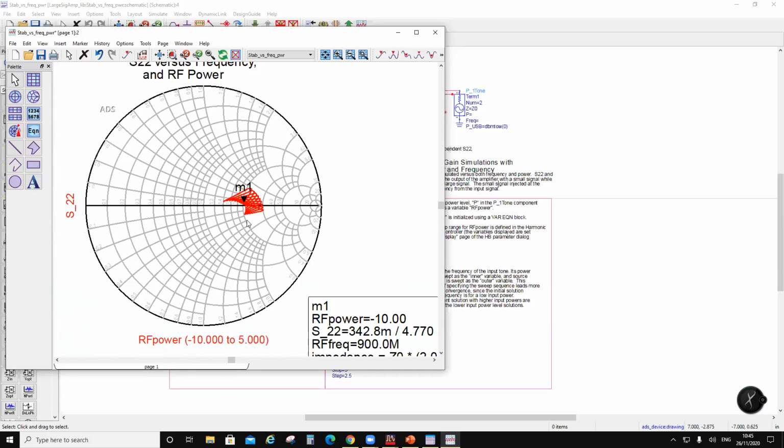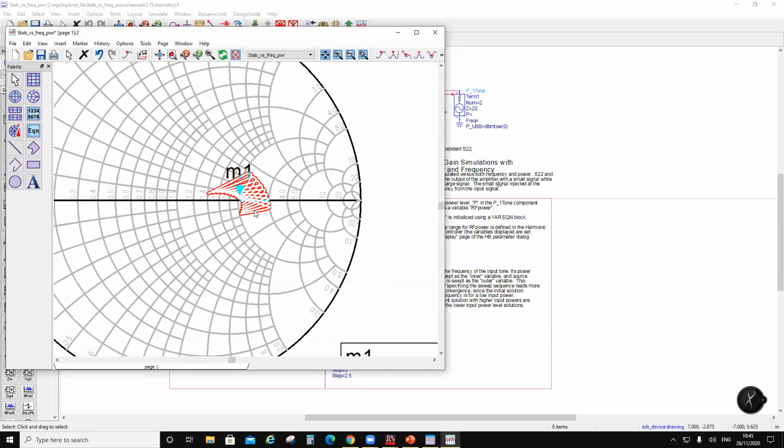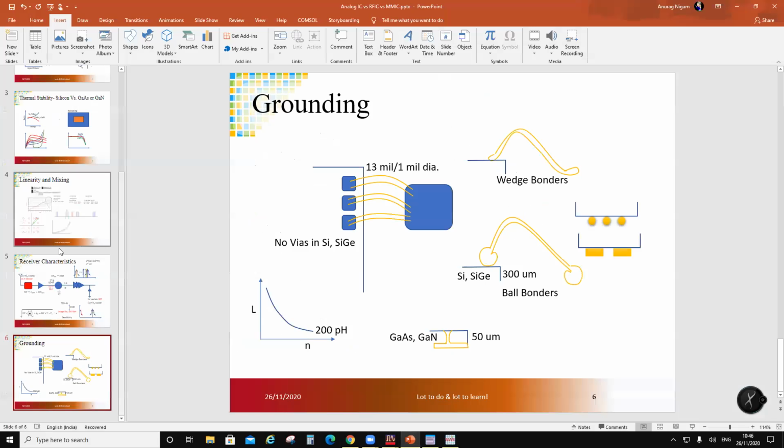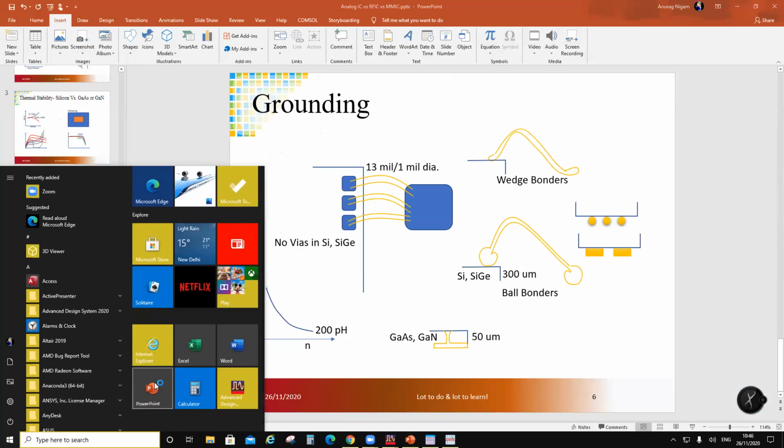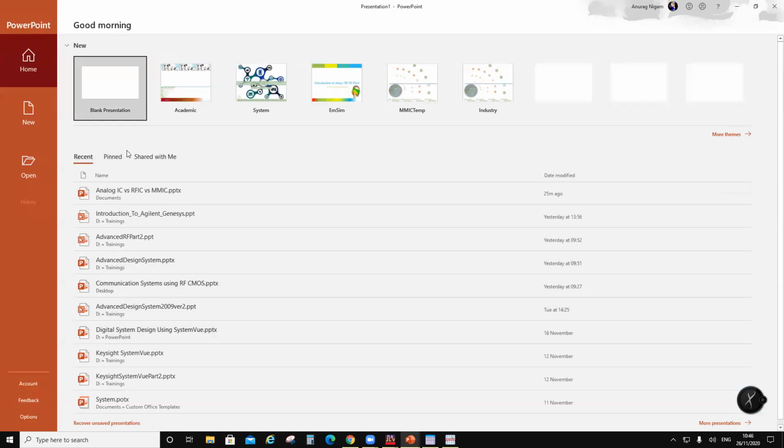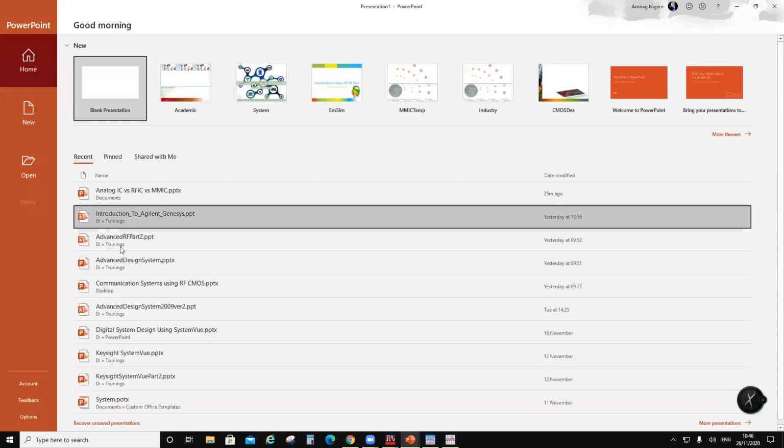If you remember, in my first presentation I told you that these are going to be like this. If you do a small signal match, you are basically focusing one part of the curve to the center. That is a small signal match. And under compression, you should be really adjusting this part. So if I go back to my presentation, I don't know if I have opened that. I told this clearly, and that's why load pull is not required.